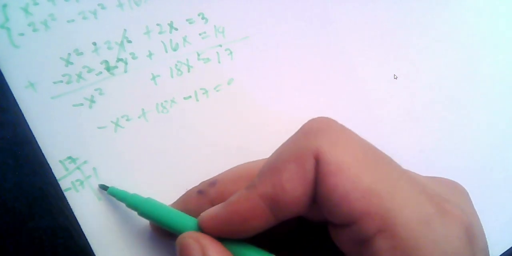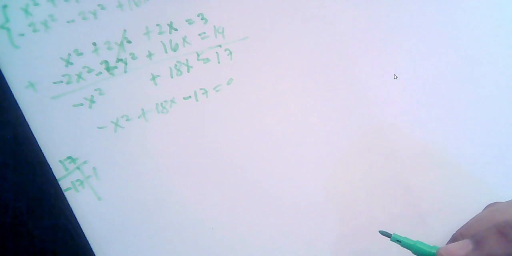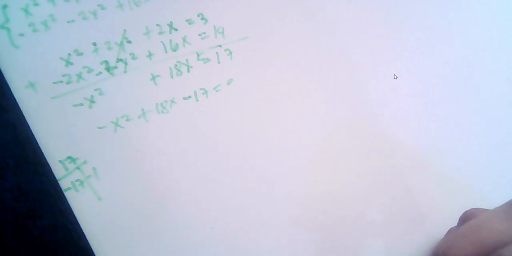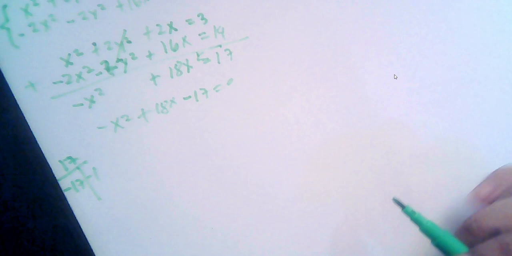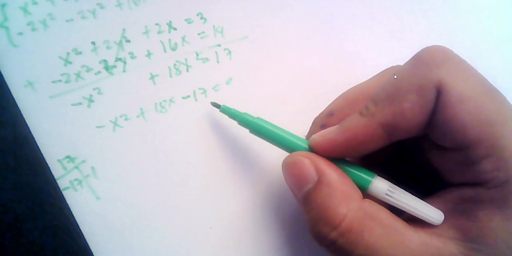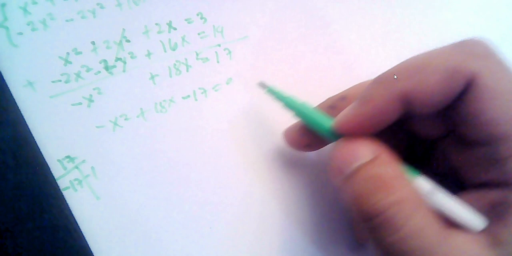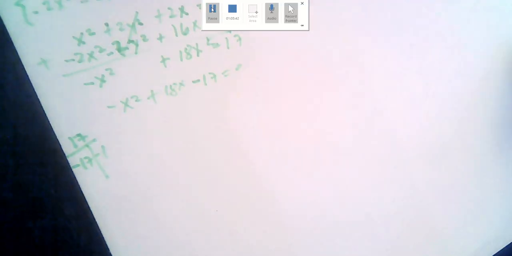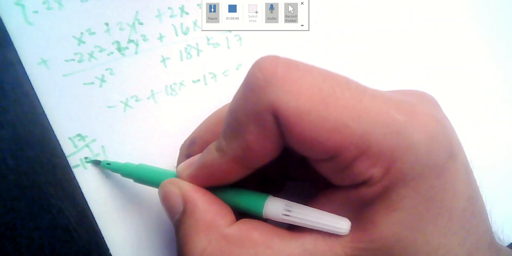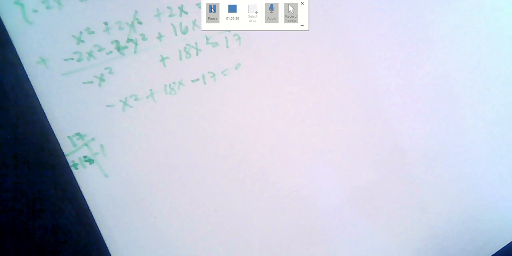Negative 17 plus negative 1, that could be positive or negative. Hold on. That is negative 16 or negative 17. Okay, so it's 18. Did I get it right?